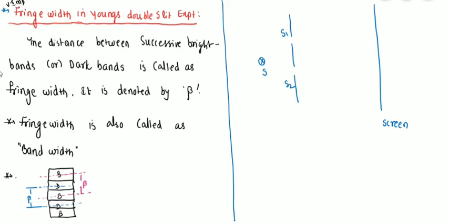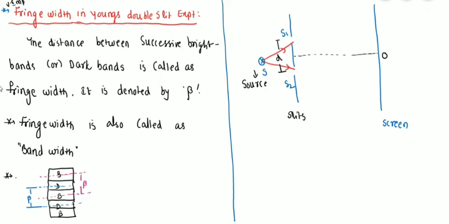From the source S the light starts, and this is the center of the screen. O is the center of the screen. And d is the separation between the two slits.